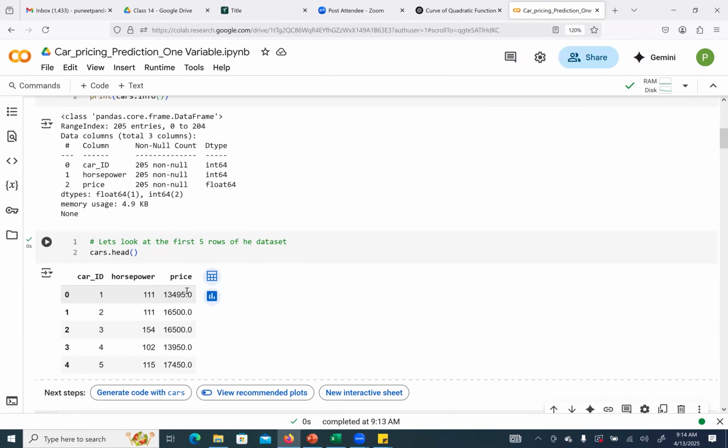Not exactly. So what is car ID here? Car ID here is a unique value that you have just assigned to each car, right? Is there any logic behind assigning that car ID? The answer is no.